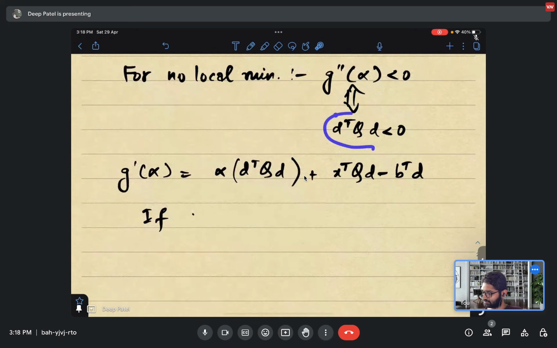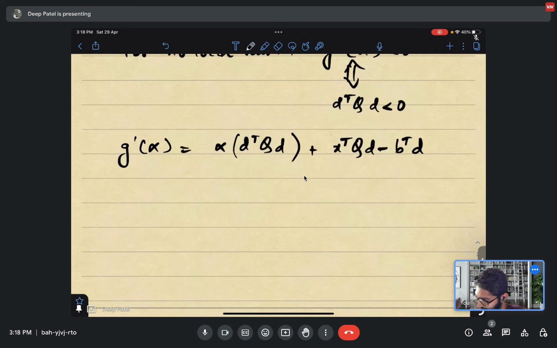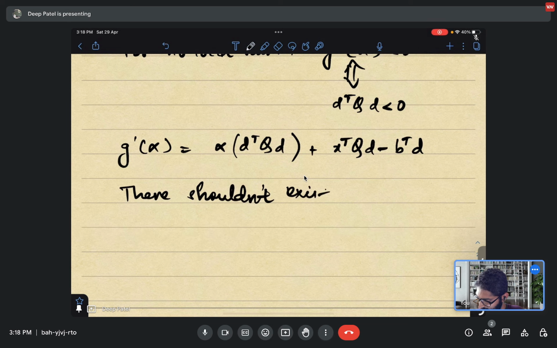So if I use this information here, when can I say that this first order necessary condition is not satisfied, meaning g dash alpha is not 0? So what I'm asking is, there shouldn't exist alpha such that g dash alpha is 0.